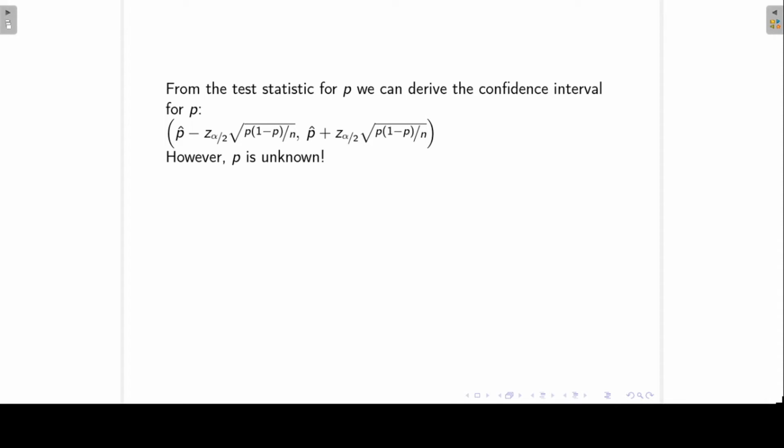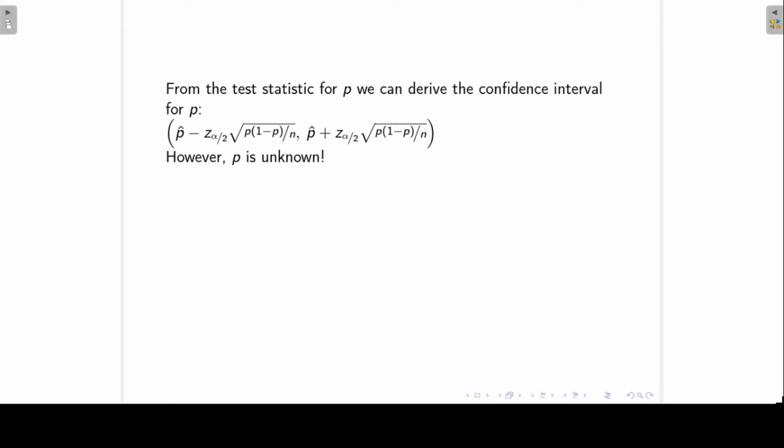Now from this, we can set up the confidence interval for P. You will recall when we constructed the confidence interval for the population mean mu, that we constructed the confidence interval in a similar way.